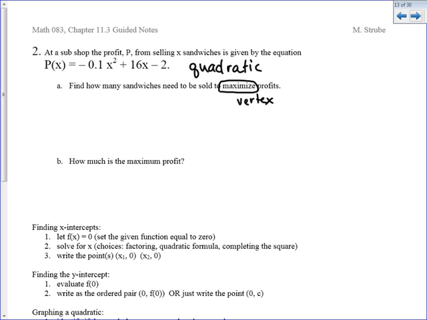So I want to find the sandwiches. The problem tells me it's X sandwiches. So X stands for the number of sandwiches. So X equals negative B over 2A. And here we have A is negative 0.1, B is 16, and C is negative 2. So I have negative 16 over 2 times negative 0.1.